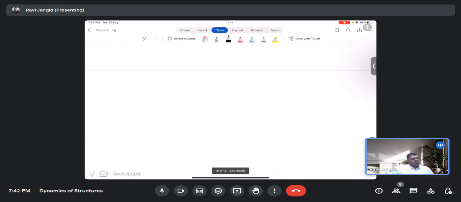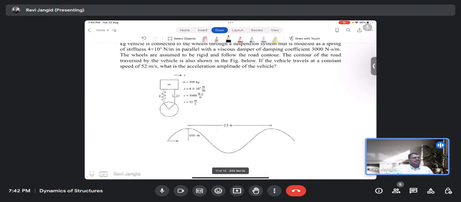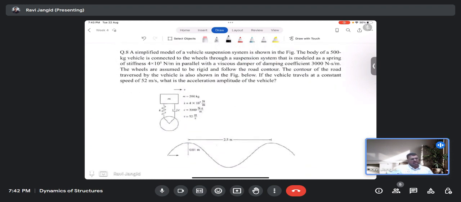Now the last question is like an empty wheel or fully loaded wheel where we go to the transmissibility.